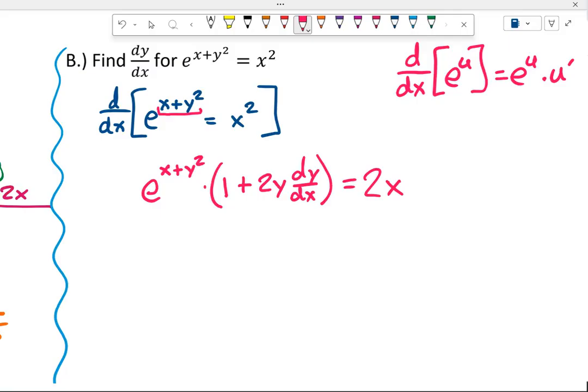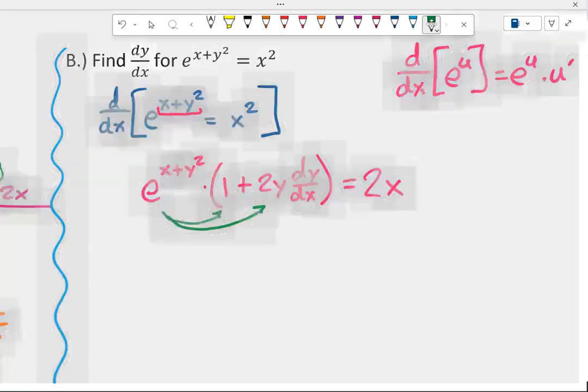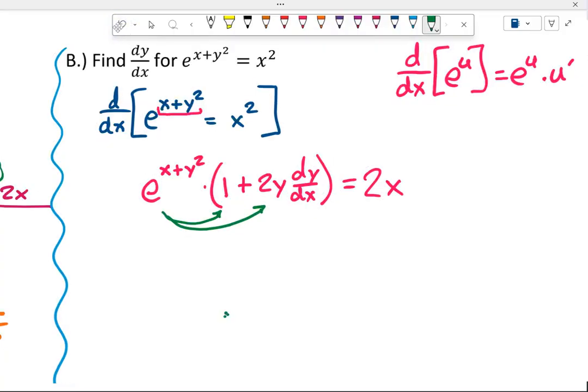What I would recommend when you have a situation like this, we have to isolate the dy dx, distribute this in, okay? It's not crazy. What is e to the x plus y squared times 1? e to the x plus y squared plus, just write that as 2y e to the x plus y squared dy dx.